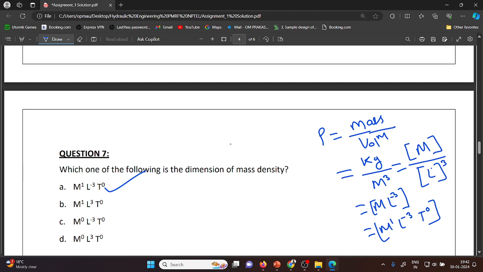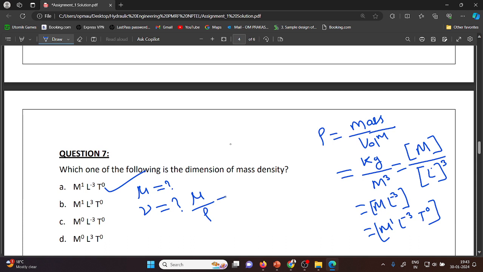If you want to calculate the dimensions of kinematic viscosity, can you please tell me? Kinematic viscosity is equal to viscosity divided by mass density, rho.